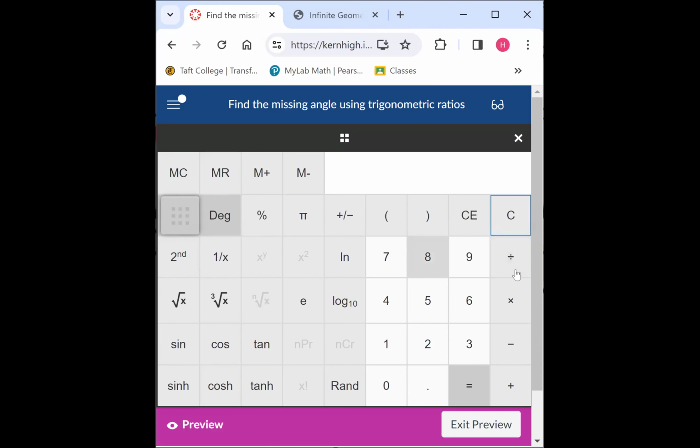Let me just do 8.9 squared plus 28.3 squared. Let me press equal. Okay, and then just continue typing.